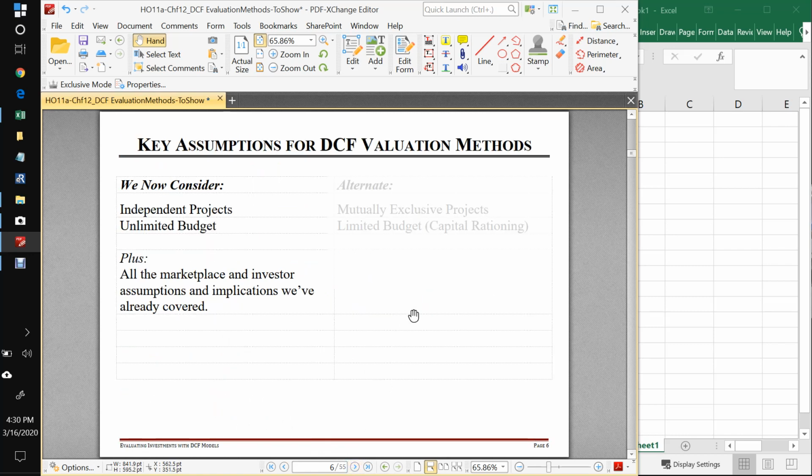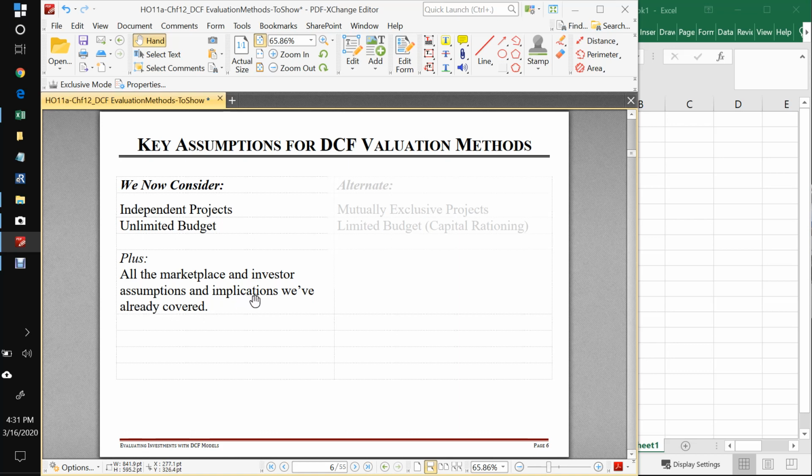And we have some key assumptions that we need to apply to use these discounted cash flow valuation models or methods. So for now, let's consider all of our projects are independent, and also let's assume we have an unlimited budget. In addition to that, we're going to have to assume all of the marketplace and investor implications that I've covered previously.